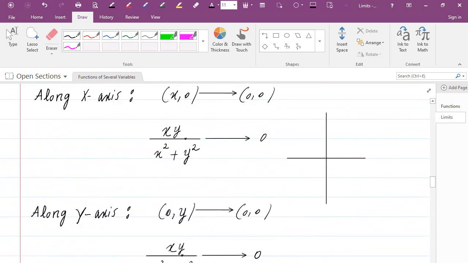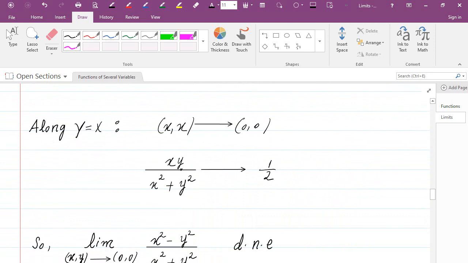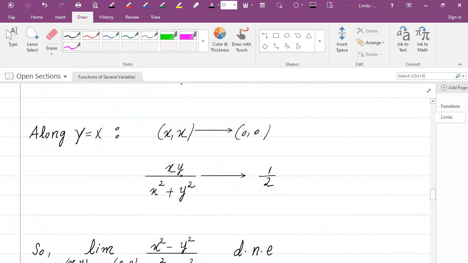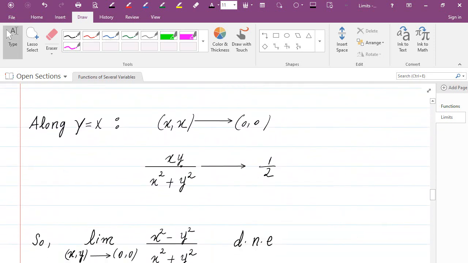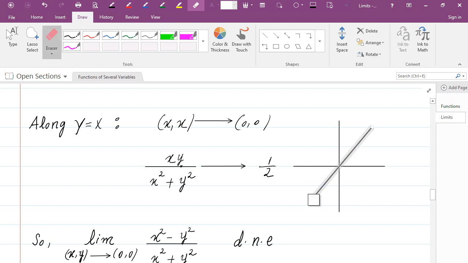Well, the answer is no, because what happens when we approach the origin along the line y equals x?